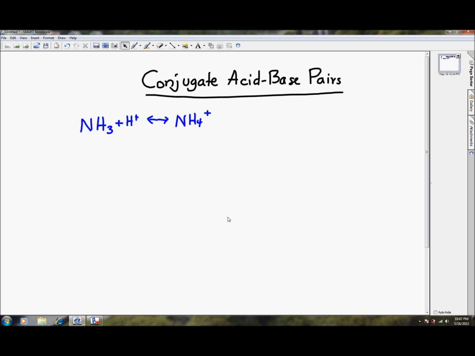Before we get any deeper into the topic, we have to discuss a couple of terms that will be important. The first term is the hydronium ion. The hydronium ion is created when water itself behaves as a Bronsted-Lowry base.